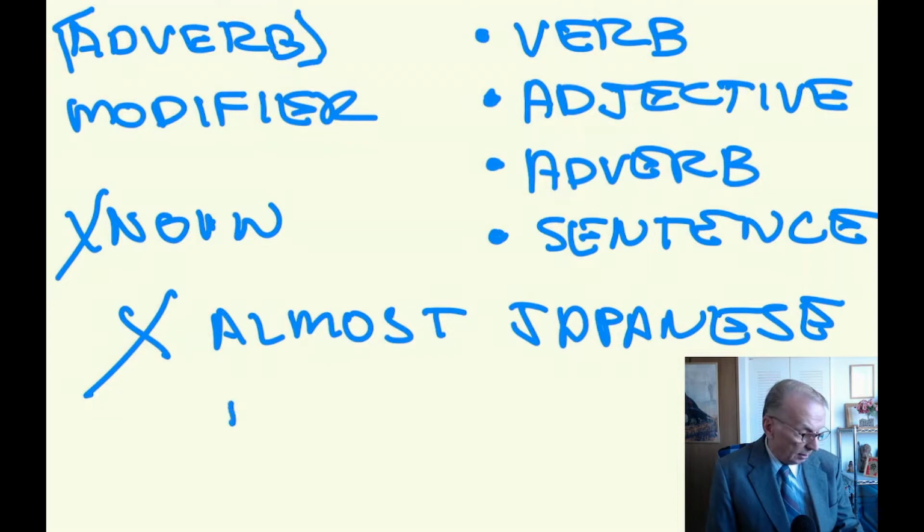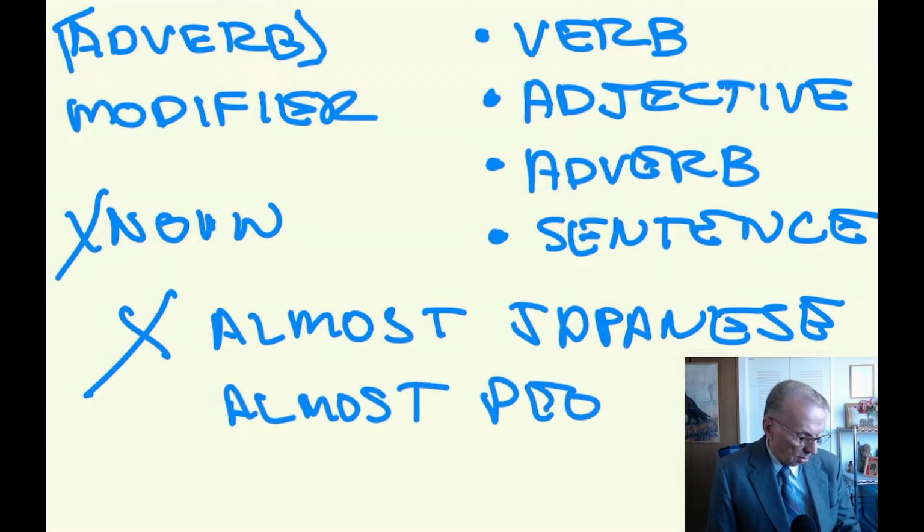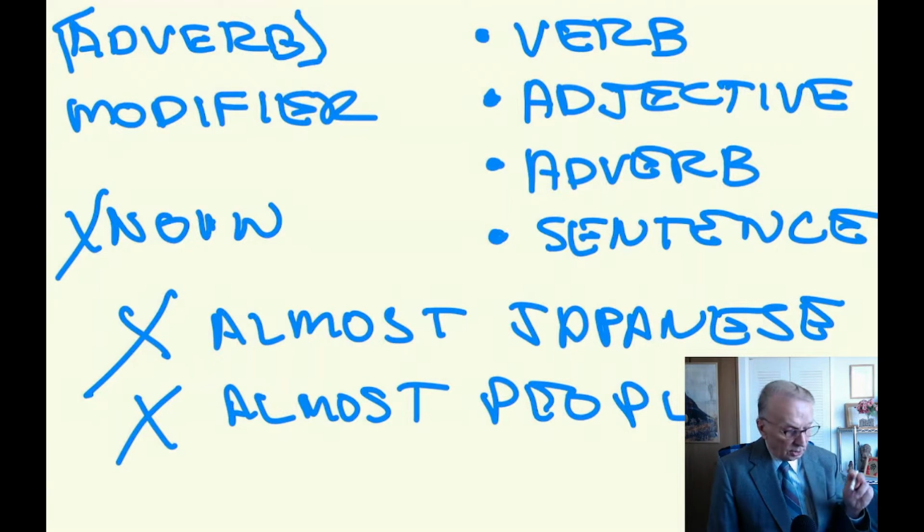Or they might say, almost people. People is also a noun, so almost people is also no good. So remember, almost is an adverb, and it can modify a verb, adjective, adverb, or a sentence, but it cannot modify a noun.